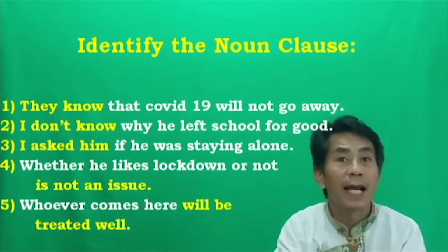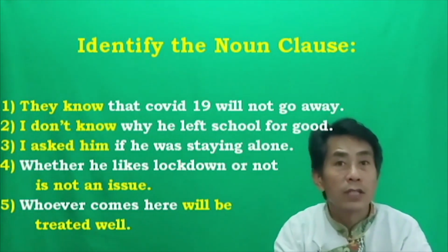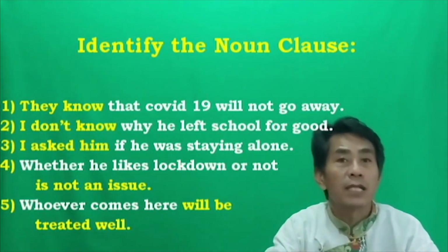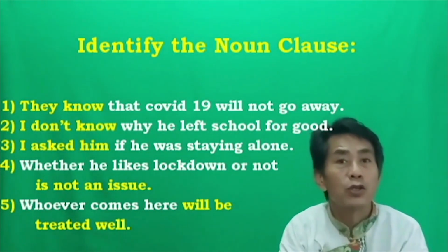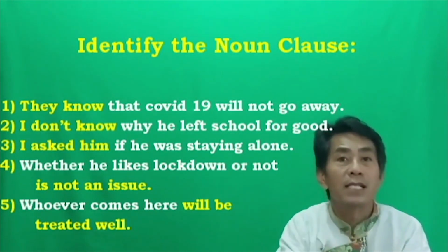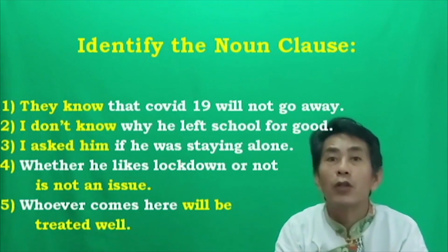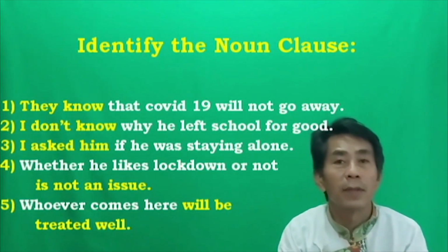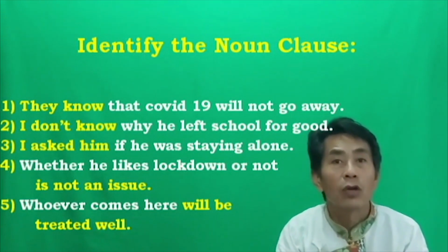Because it is not a complete sentence, so this is a dependent clause. It has to depend on another clause to make complete sense. So "whether he likes this lockdown or not is not an issue." Now this is a noun clause.